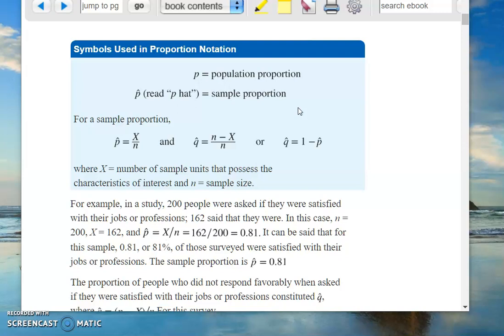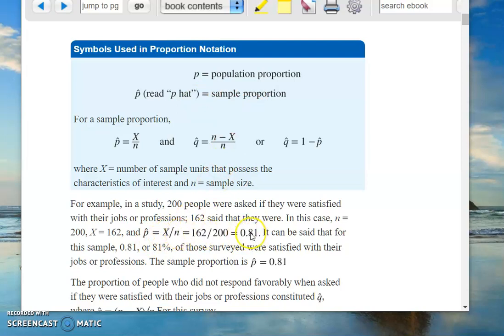So in these situations where we're talking about proportions, we're talking about X as being the number of successes. Now P hat, that's the sample proportion, so that's X over N. So it's 162 over the 200.